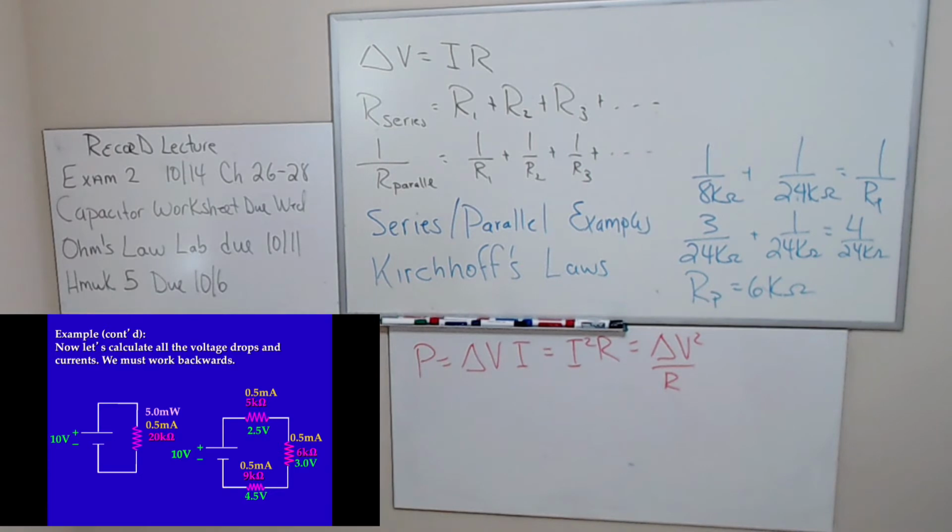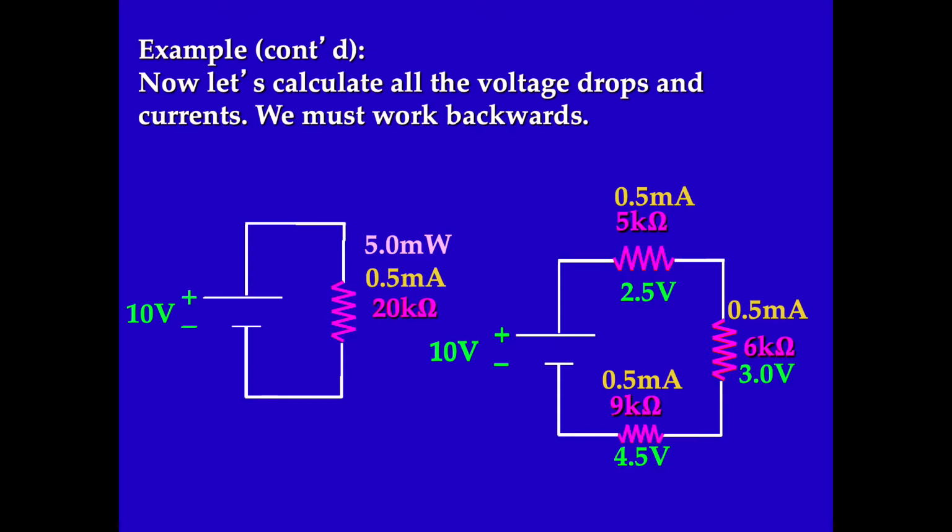So the last thing to do then is to calculate the power dissipated by each of the resistors. So I can either use delta V times I. Oops, let me magnify this, sorry. I can use delta V times I, I squared R, or delta V squared over R, either one, to be able to calculate power. I can just take delta V times I. So 2.5 volts times a half milliamp.